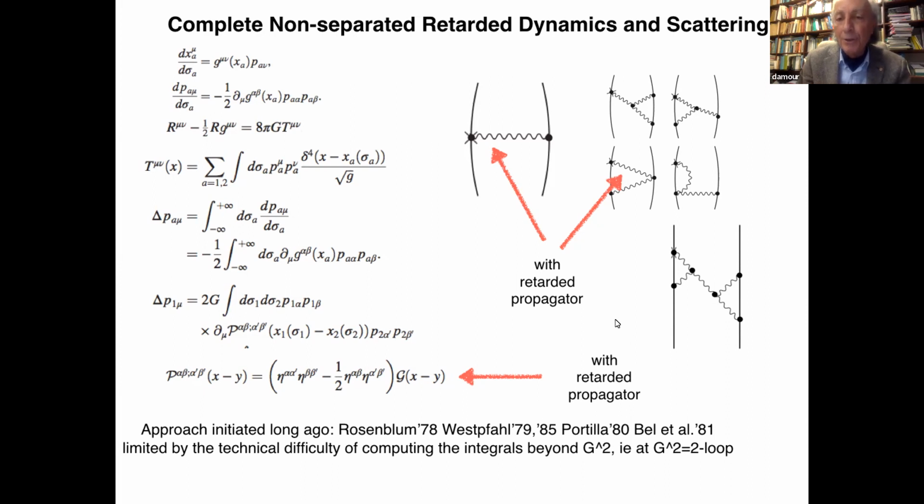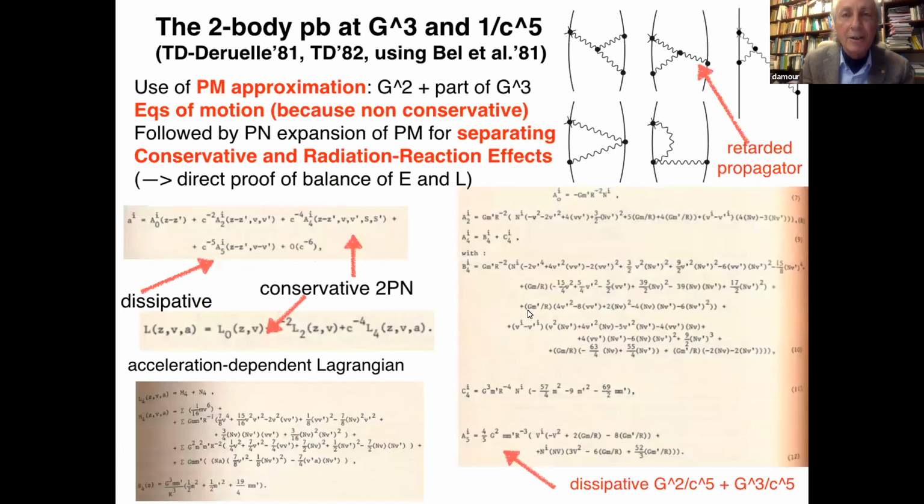Then you must and you can use retarded propagators at each stage of the iteration. When you do that, you get equations of motion, which are written here, and they were computed at the time up to the 2.5 PN order.